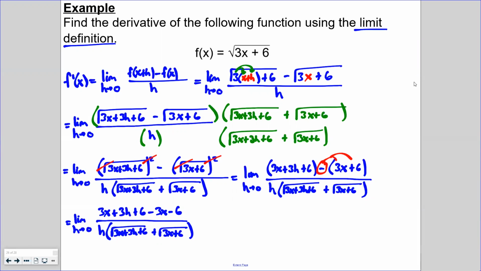Then we can cancel out like terms. 3x cancels out with the negative 3x. 6 cancels out with the negative 6. That leaves us with the limit as h approaches 0 of 3h over h times the square root of 3x plus 3h plus 6 plus the square root of 3x plus 6.